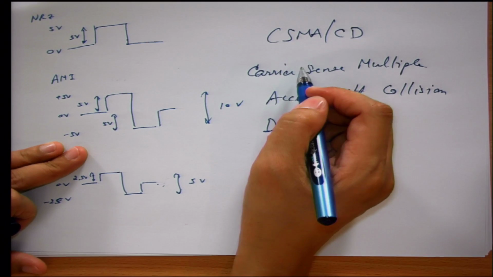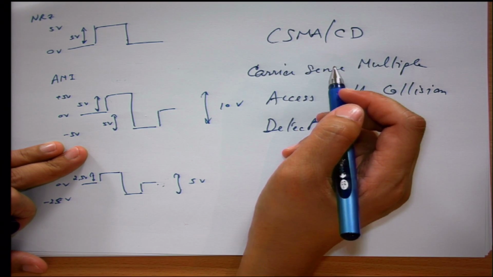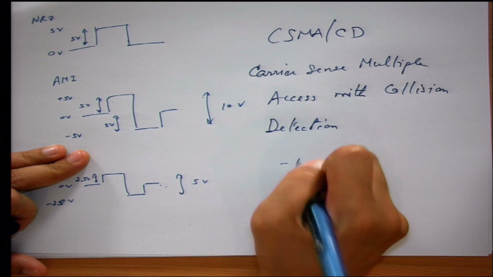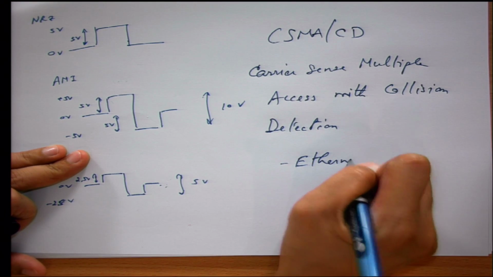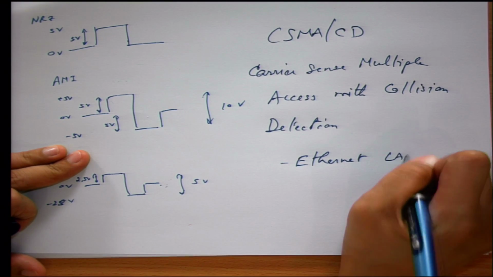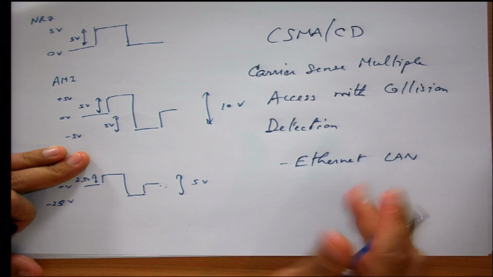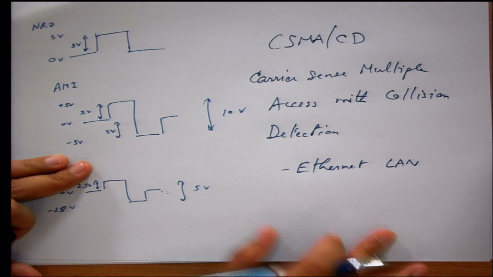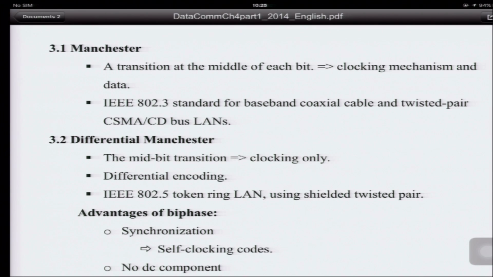This is a technique that we use in the bus LAN, or in the Ethernet. So we'll use this in LAN, which we will talk about in the later chapters. Anyway, this is just to tell you that there are applications for this.